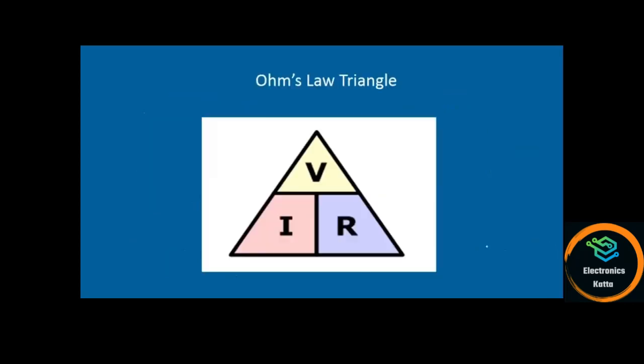Basically, Ohm's law is a relationship between the voltage, current and the resistance. If you know any two of the quantities, you can find the third one.